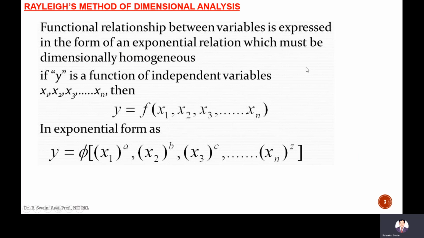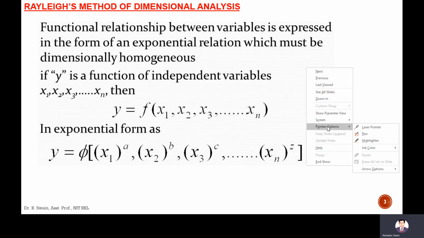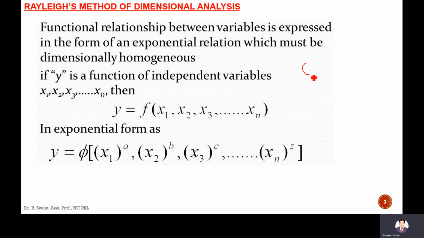It means, let discharge be a function of velocity and cross-sectional area. We know that discharge depends upon the velocity and area, and we want a relationship between the discharge, velocity, and area.